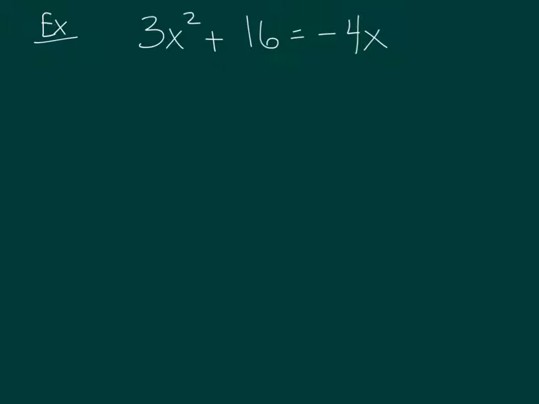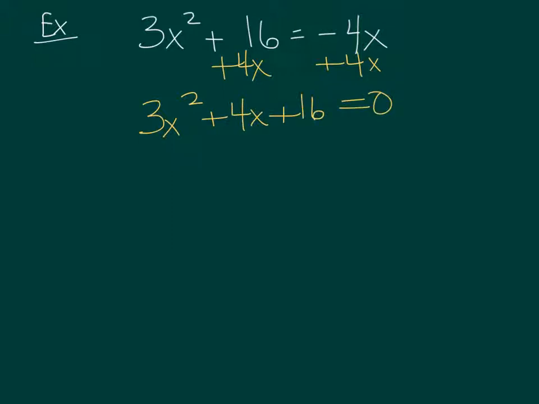So that means my first step here, I need to add this 4x to the other side. So now my equation is going to look like 3x squared plus 4x plus 16 is equal to 0. Placement is very important here. Again, that's why we stressed order and making sure things were in the right order. So again, I'm going to go ahead and say, okay, well, my A value is 3 because the coefficient of my x squared is a 3.